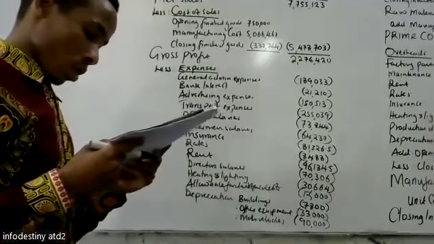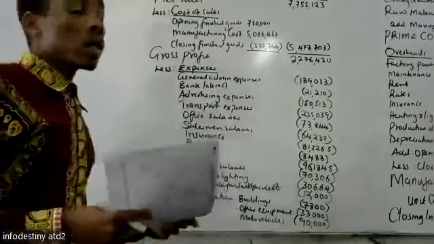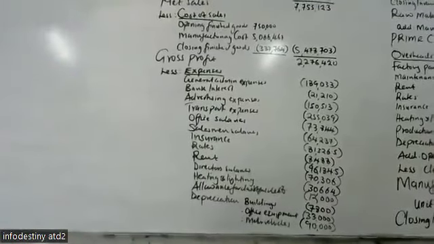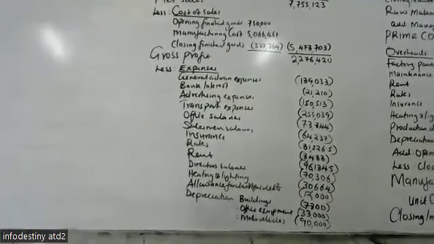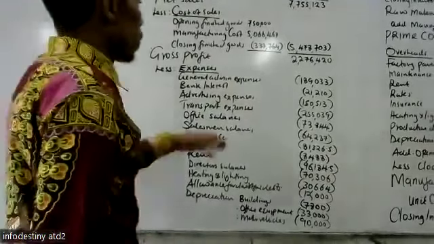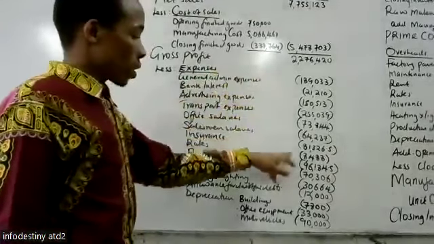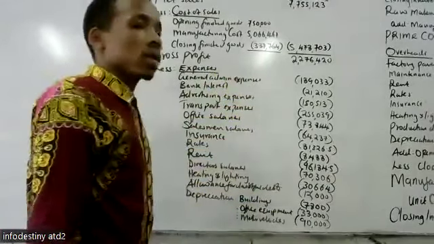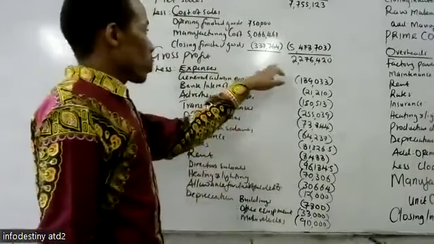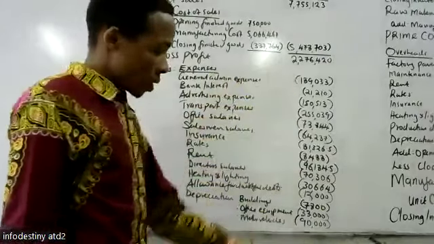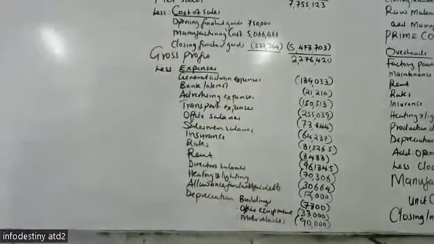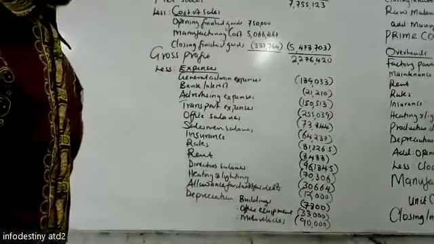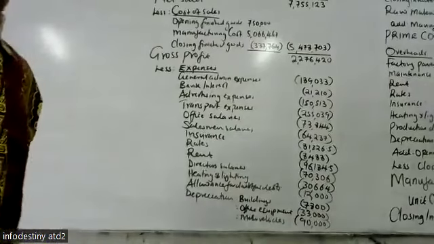I don't see any that we have left behind. So that means the gross profit minus all these expenses up to depreciation of vehicles gives us the profit before tax.